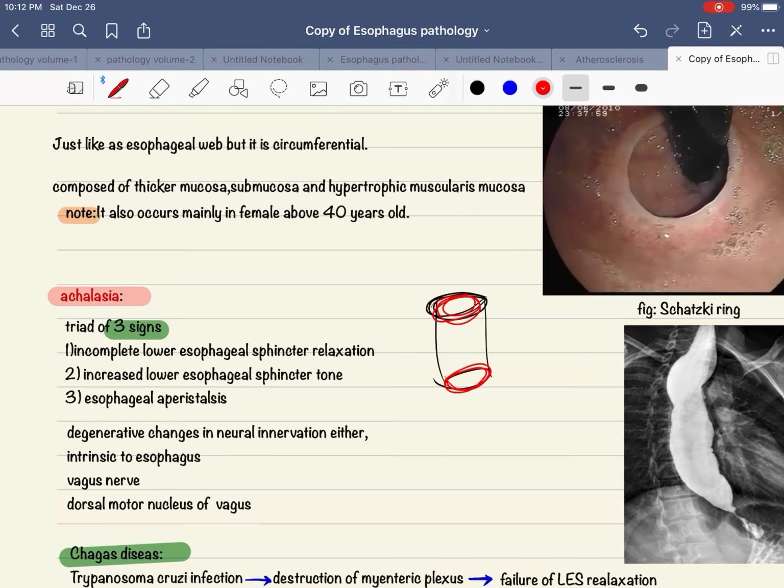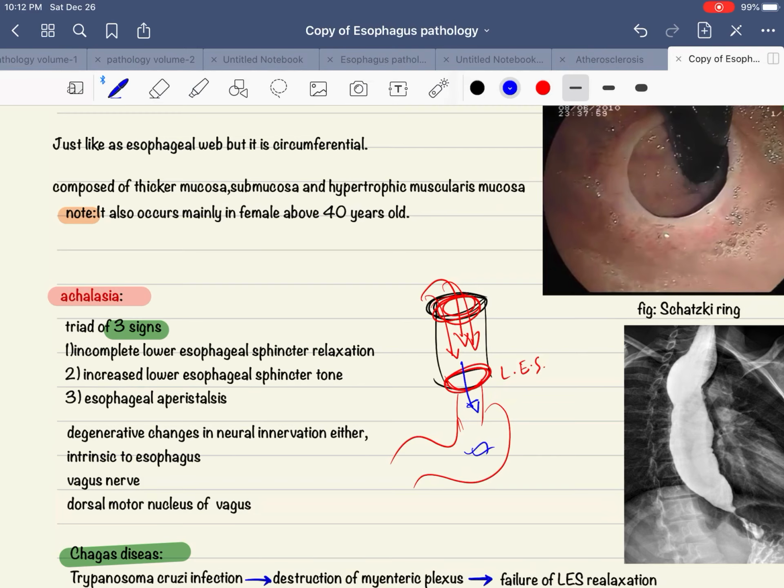Whenever we swallow a bolus or food particles, the food moves downward from the oral cavity towards the stomach, and at that moment the lower esophageal sphincter relaxes and the food passes through this sphincter into the stomach.